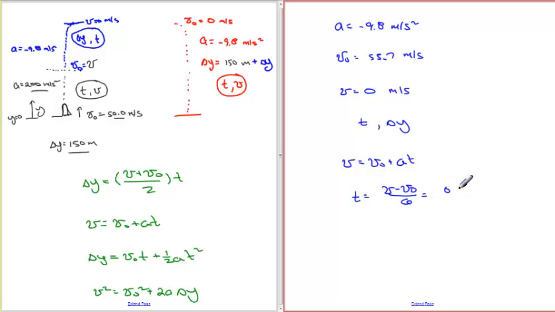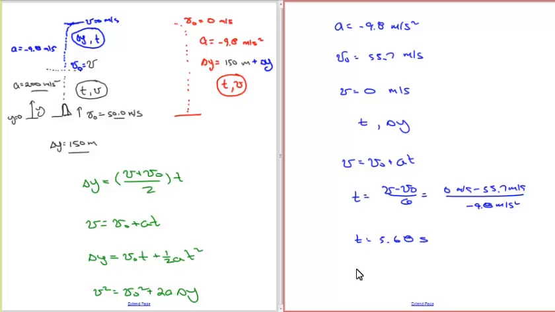It's 0 meters per second minus 55.7 meters per second divided by the acceleration, which is negative 9.8 meters per second squared. And so the time should be positive: negative 55.7 divided by negative 9.8. It's 5.68 seconds.